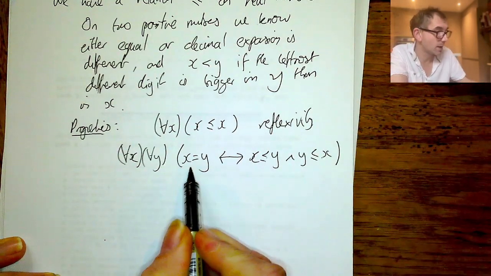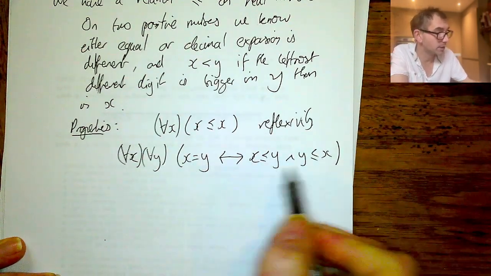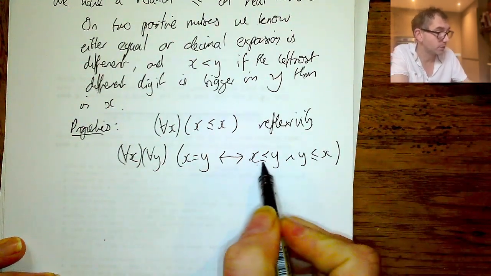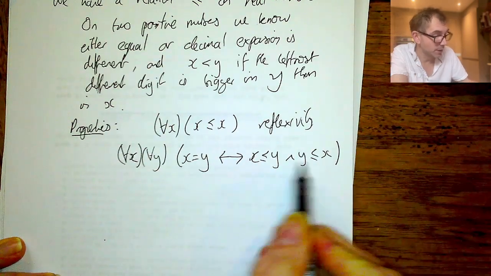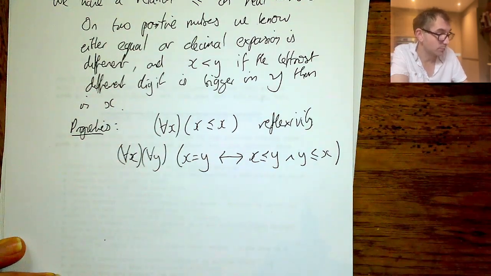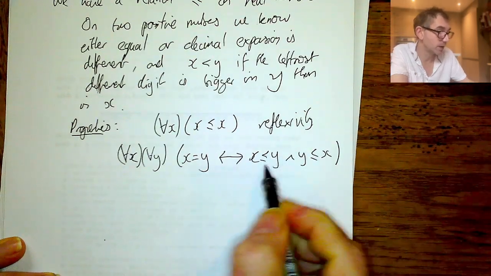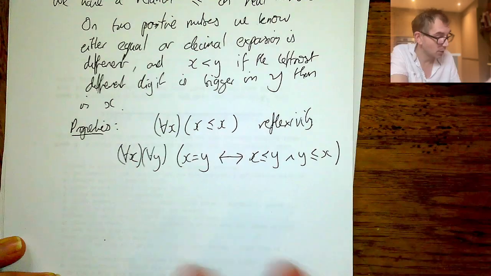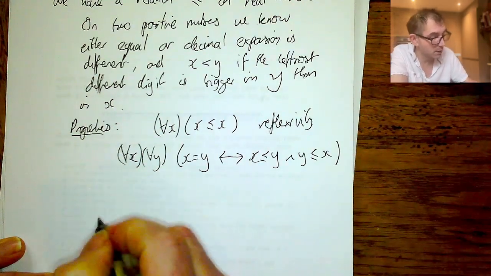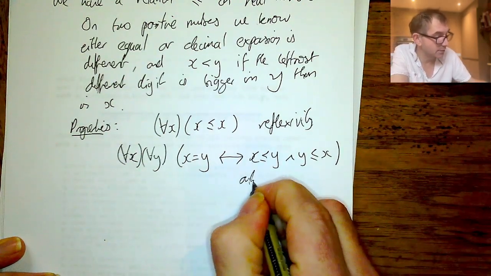It's obvious why, if they're equal, both of these things hold, just by definition. But the other way round, it's true because this is saying that there is nowhere that the decimal expansions are different. So that is called anti-symmetry.